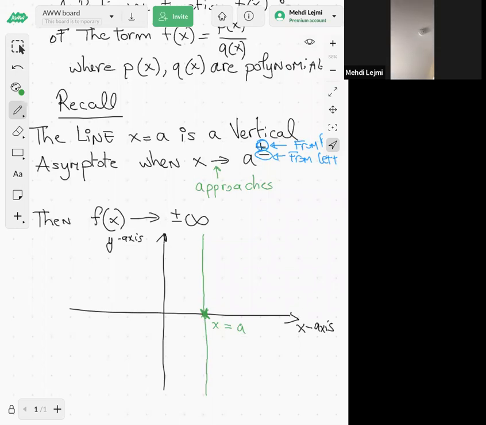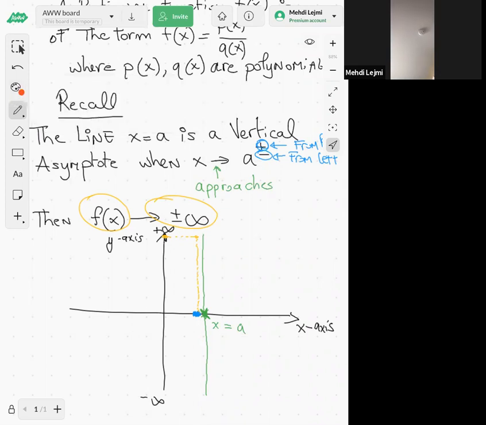What we are saying is that if x approaches a, so my x is very close to a, let's say in the blue interval, not equal to a but very close to a, then the corresponding values of the function f, the output f of x, is close to positive infinity.